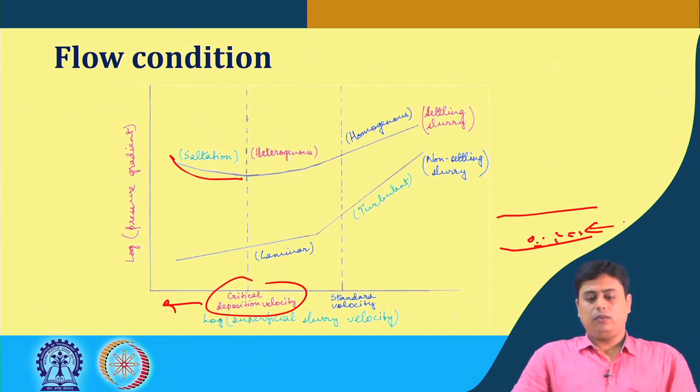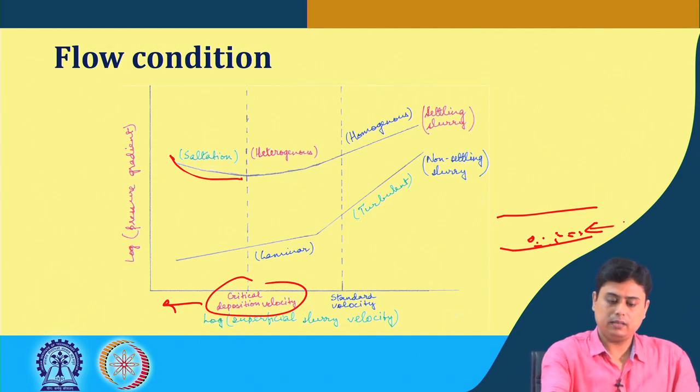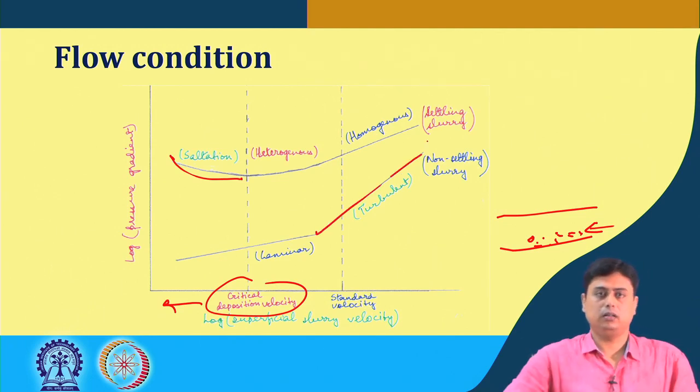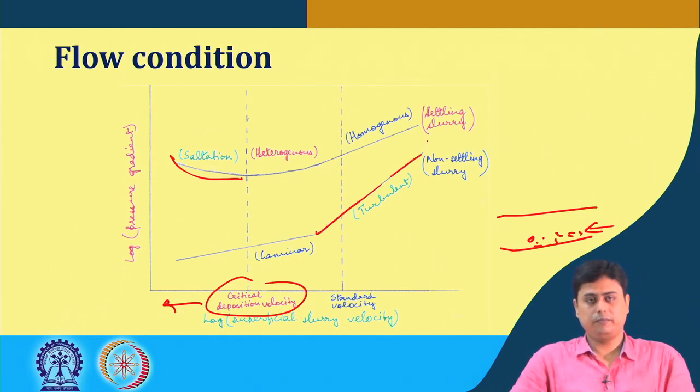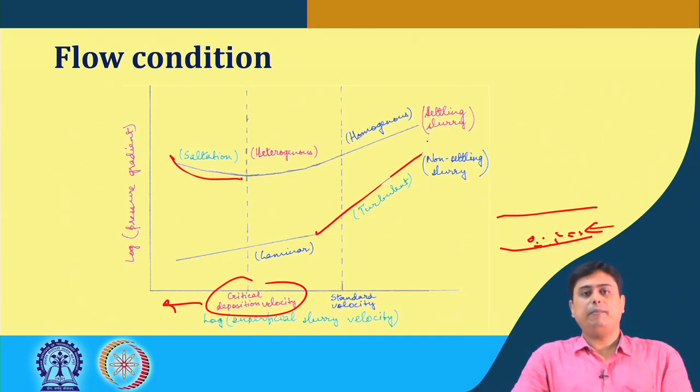But in case of non-settling slurry, there is a sharp change in gradient when the flow moves from laminar to turbulent. Such sharp distinction is not observed in case of settling slurries.